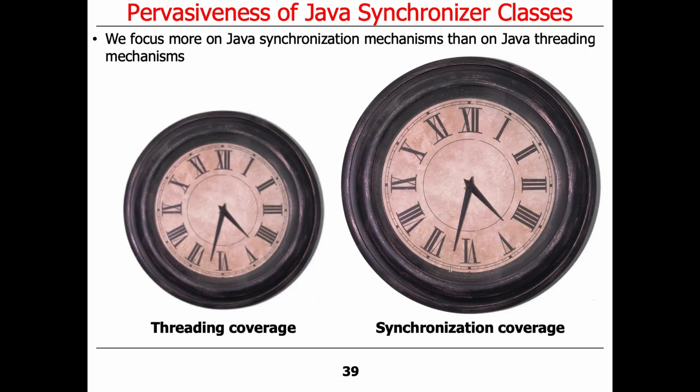In this particular class, we're going to spend more time focusing on synchronization than on threading. And there's a reason for that. In the other class, the class I'll teach next fall, ironically enough, we flip it around. We talk almost nothing about synchronization, and everything's about parallel processing.